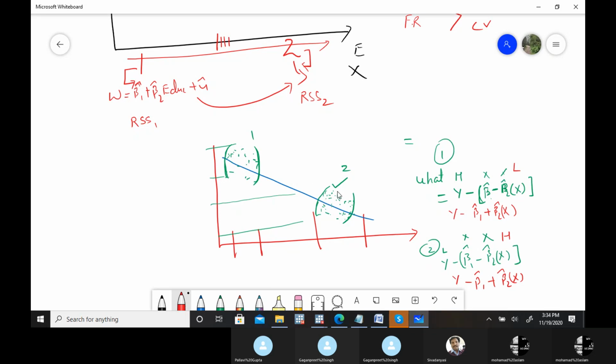So it might be that they overcome the higher y value in this first group. But that also depends upon the beta coefficient. Means if your beta coefficient is a fraction, then even if it's positive and x is a higher value, that fraction will reduce this value, and that might reduce the overall value.